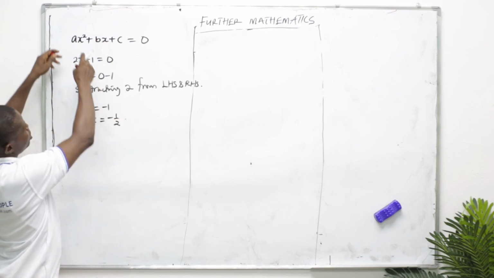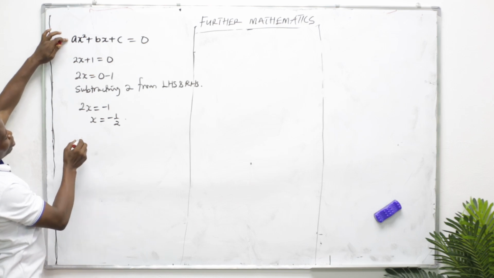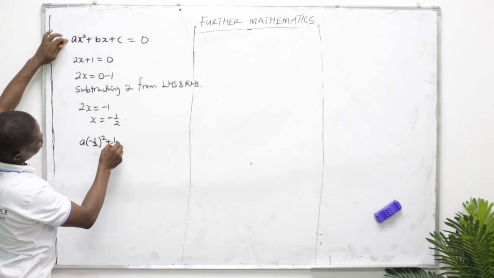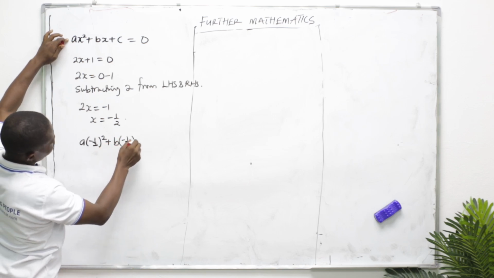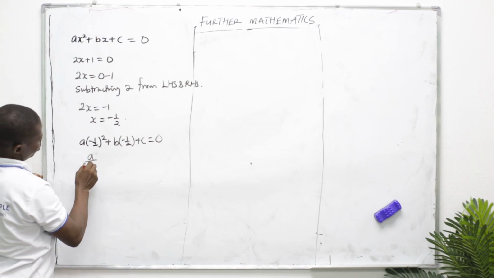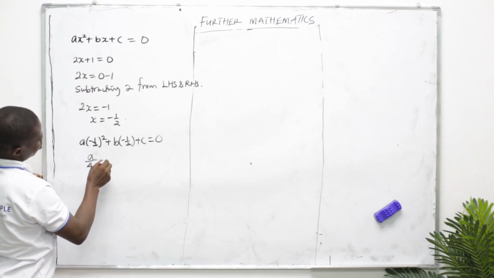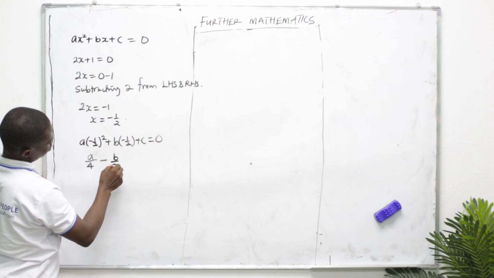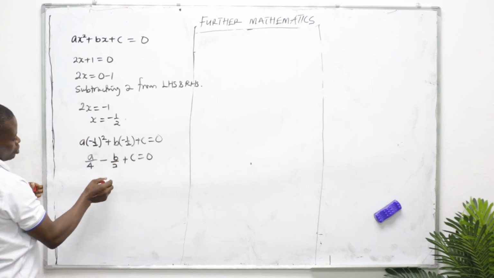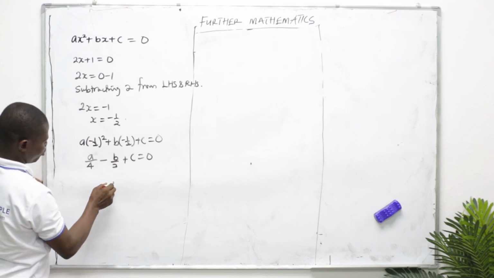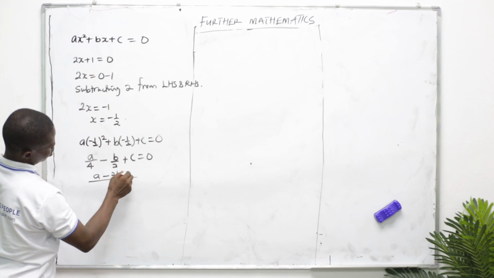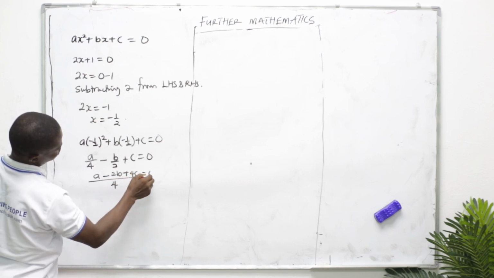So we have to substitute this into this equation, meaning a into minus half, all squared, plus b into minus half, plus c equals 0. So that's a over 4 minus b over 2 plus c equals 0. If you look at this, the LCM should be 4.